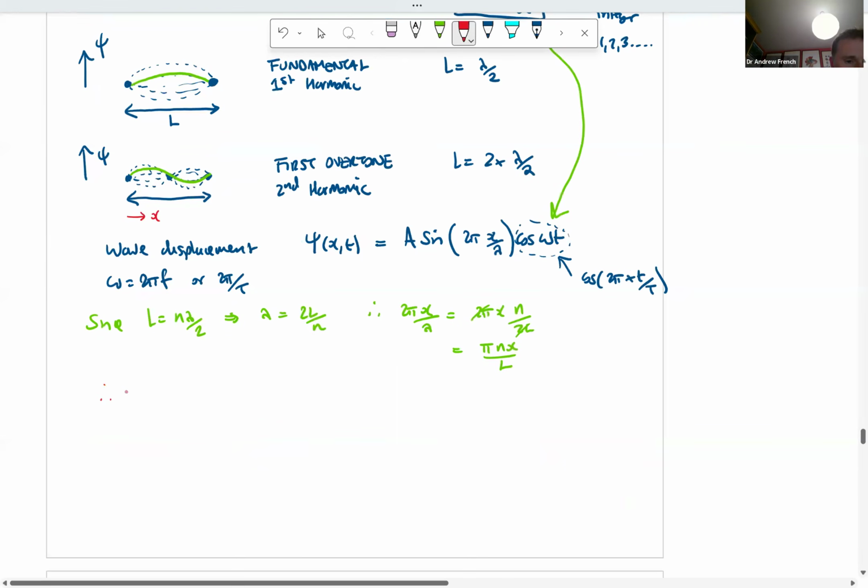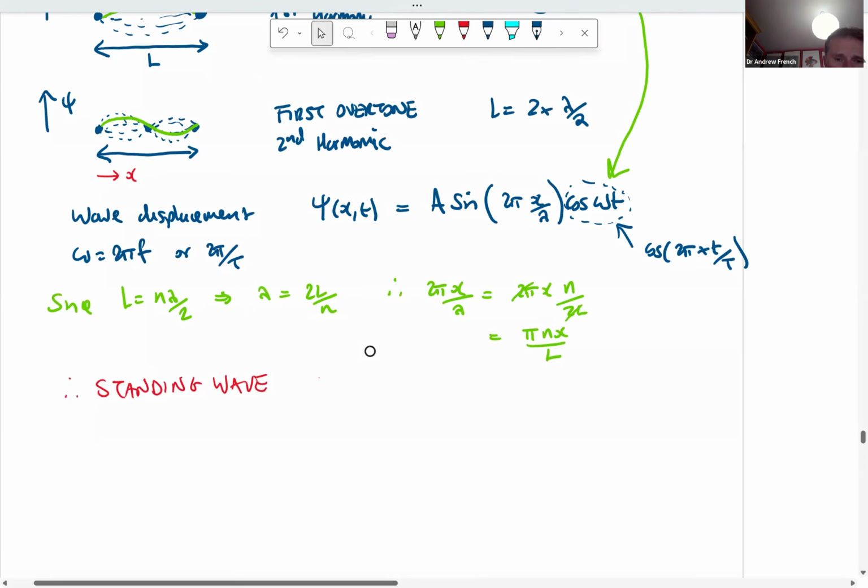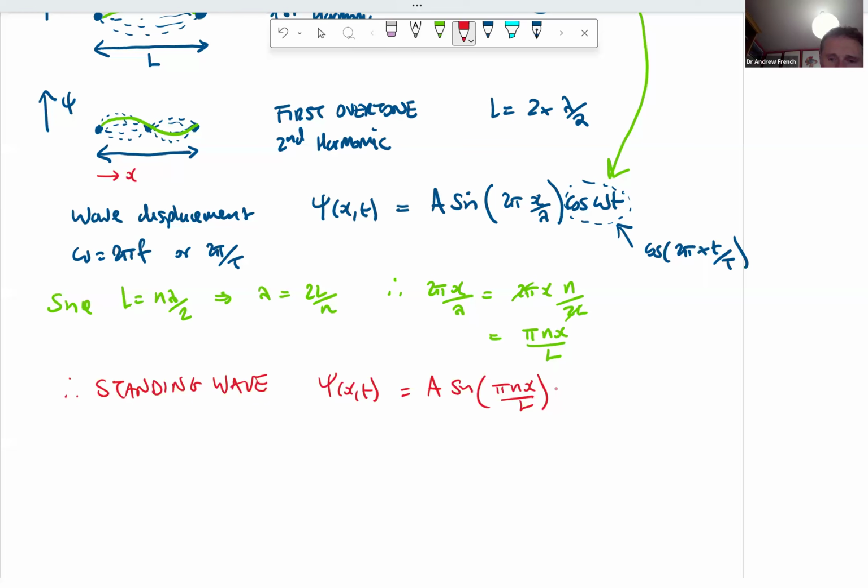Therefore, my standing wave formula: do we really need to write this down to answer this question? Probably not, but if I'm going to do some mathematics so I can sketch something properly, we need to know where that's come from. So my standing wave, psi of x and t, the height of my wave, is my amplitude A times sine of pi n x on L, times cos omega t.